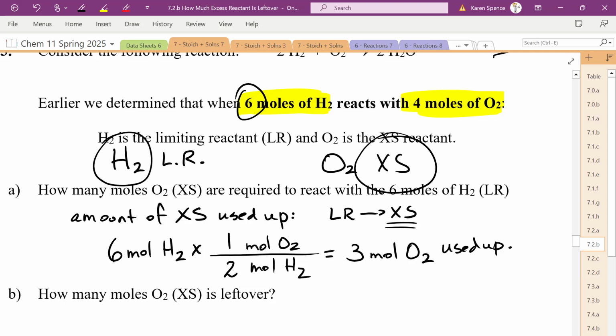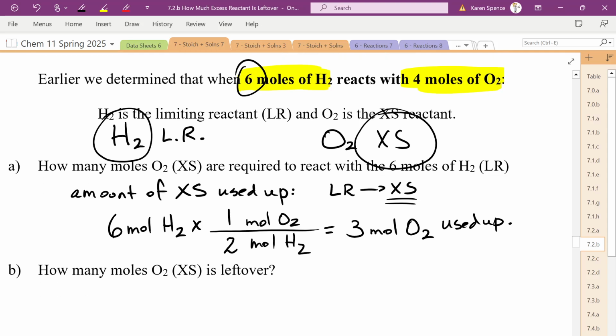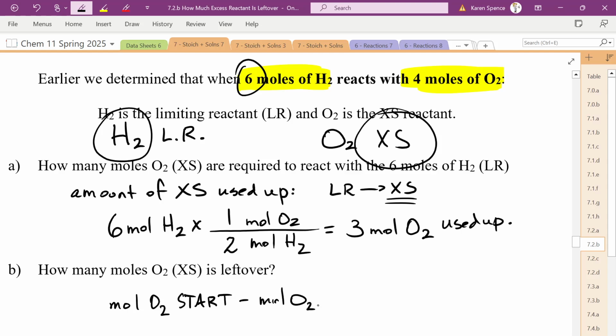How many moles of O2 is left over? Take the moles of O2 at the start, subtract the moles of O2 used, and that's going to be the moles of O2 left over.